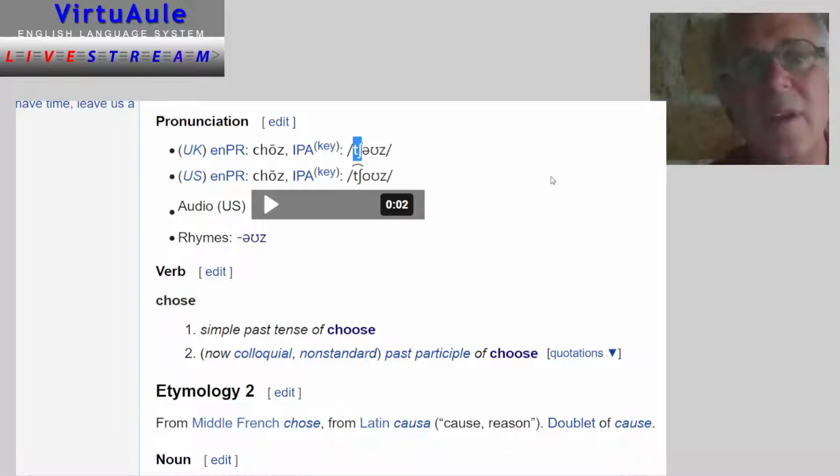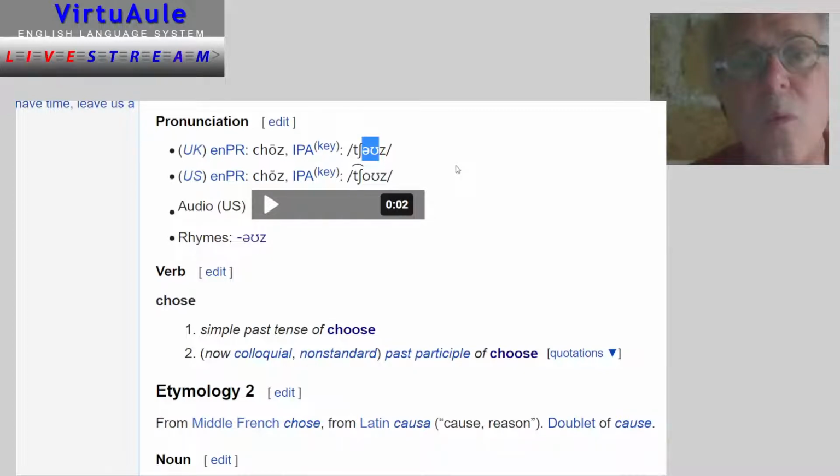And the British UK pronunciation is chose. This diphthong, the upside down E, which is also called a schwa, and the U symbol, this sound is O. It's two sounds.